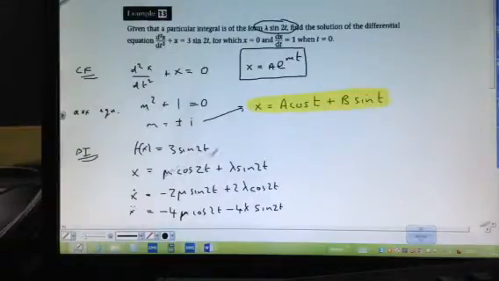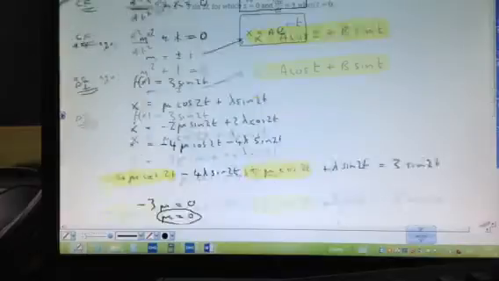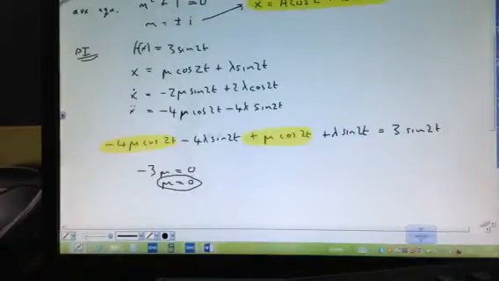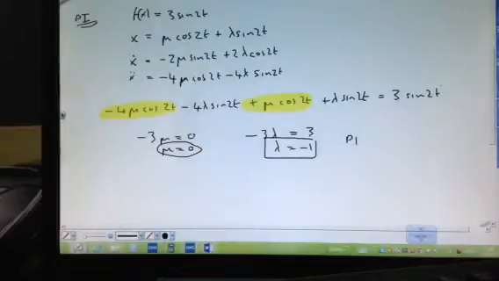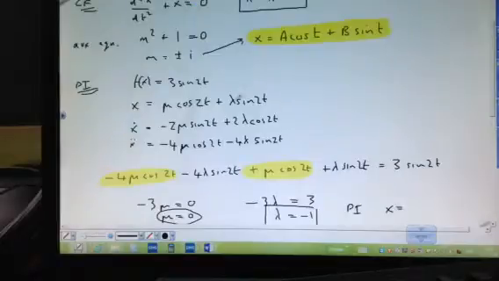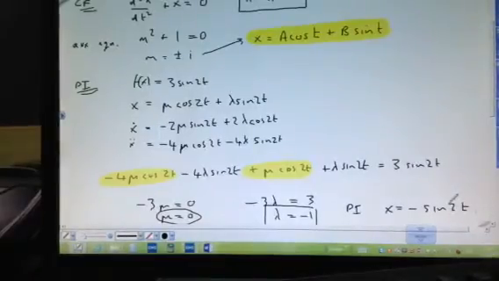As I said, there was no need to show that, but I showed it anyway. So it doesn't exist. But the bit that does exist is minus 3 lambda is equal to 3. Therefore, lambda is equal to minus 1. So the particular integral is x equals minus sine 2t.